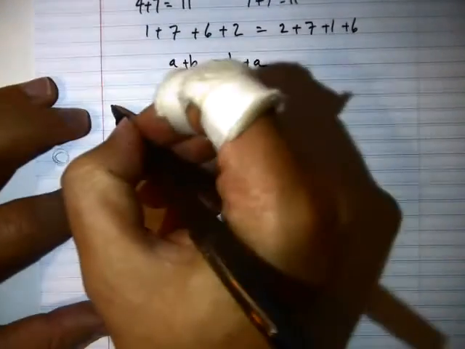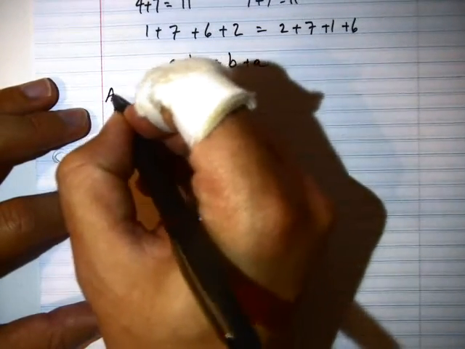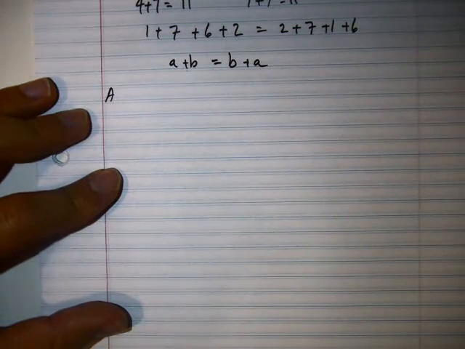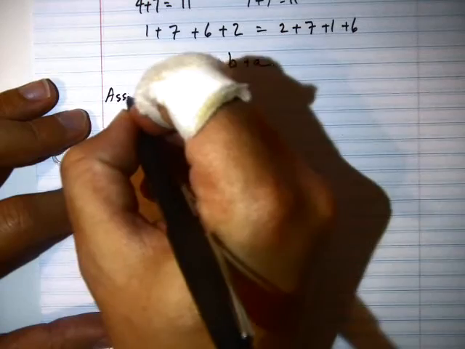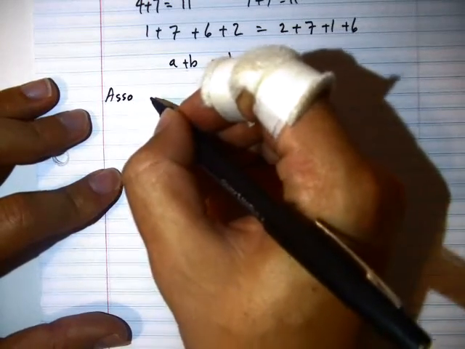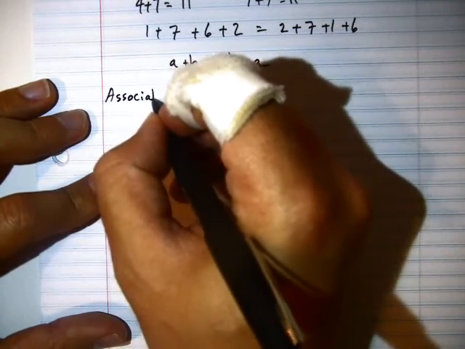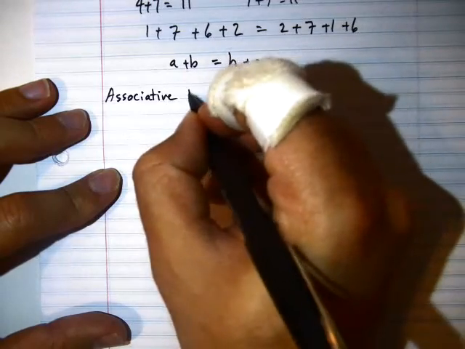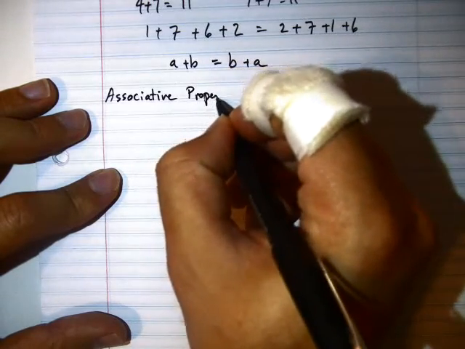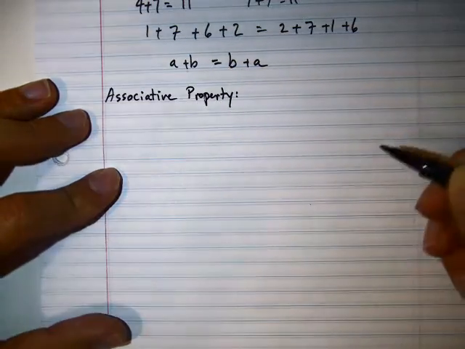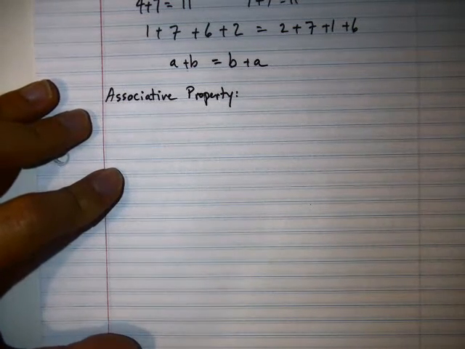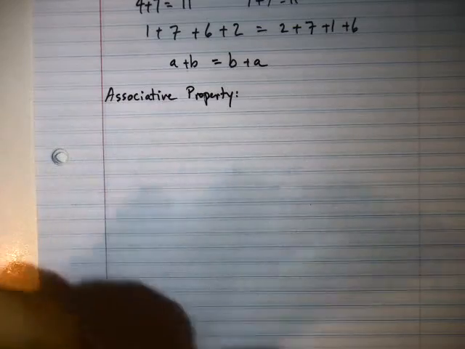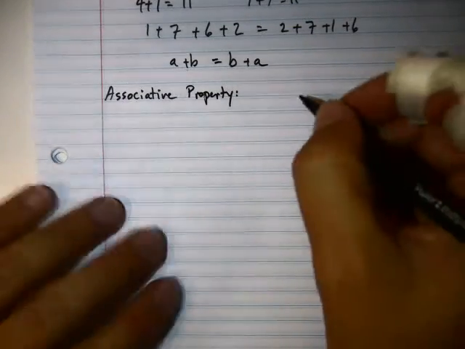Let's take a look at our associative property. Pull it up on my other little screen so I make sure that I spell it right. And this property says that when finding a sum, changing the way the addends are grouped will not change their sum.